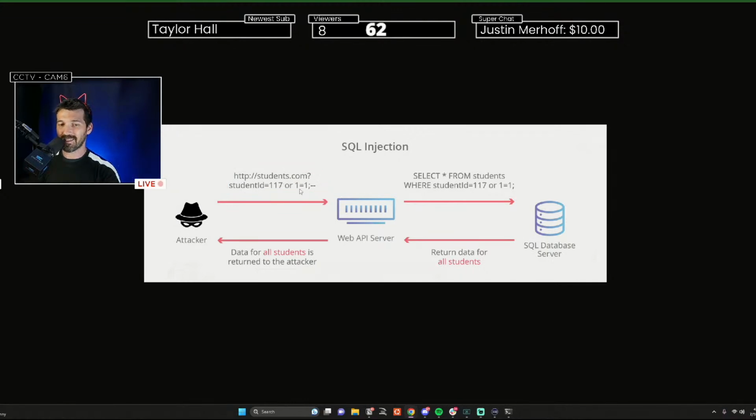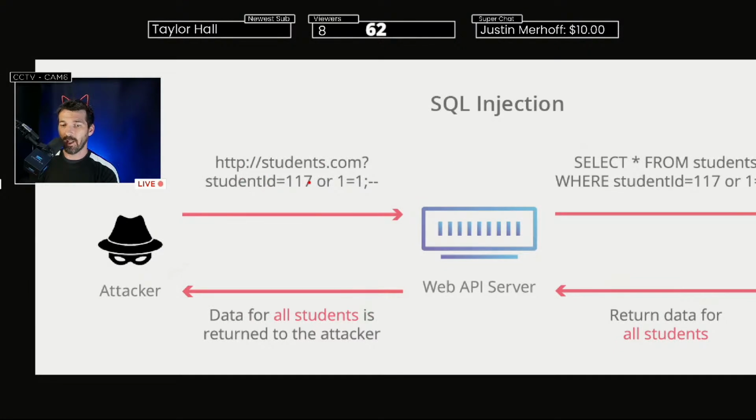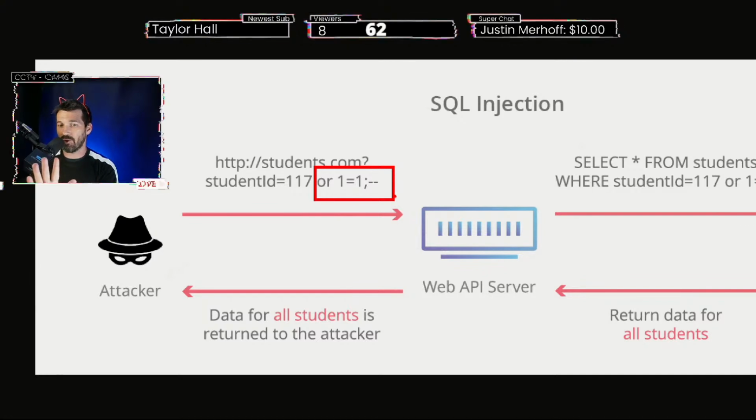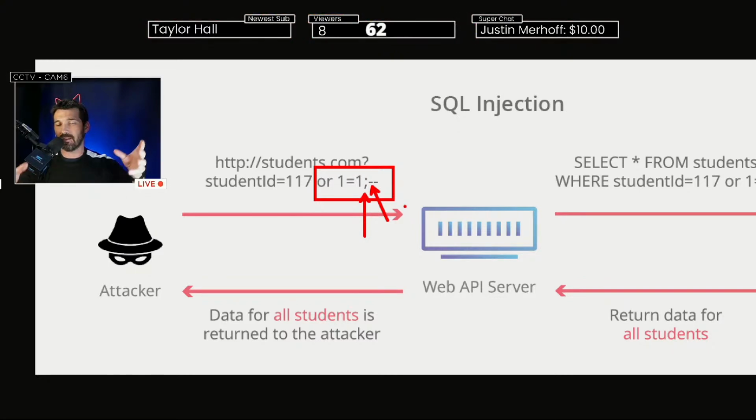Well, because the SQL language is the way it is, you can say or, and then add another argument. In this case, 1 equals 1, okay? Now, 1 equals 1 is always going to be true, so it will return everything. The semicolon says end of the SQL statement, and the dash dash means ignore everything after this. This is a way to make sure the SQL statement you're injecting, what I've got in the box right here, this is the injection, okay?